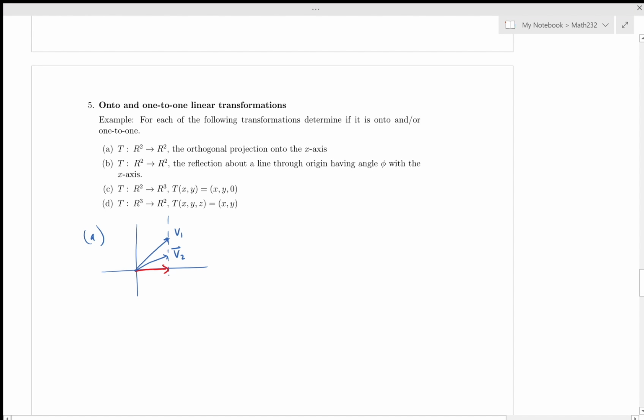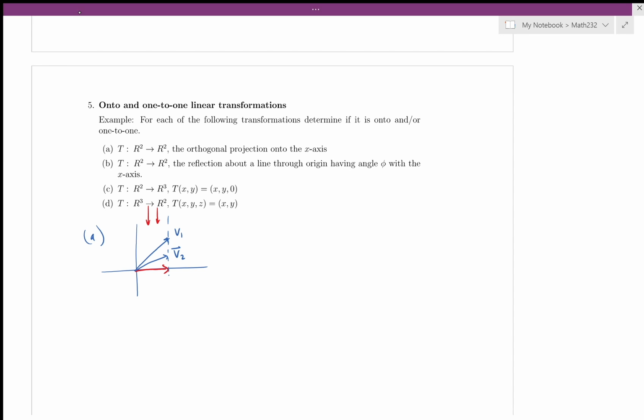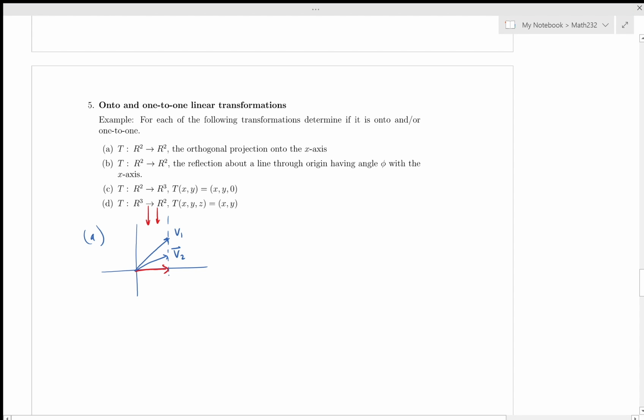The shadow of both of those, when I'm shining a light source down like that, is that red vector there on the x-axis. So you can see immediately from looking at this that it's not one-to-one. We have two different vectors on the input that give the same output. No, it's not one-to-one.